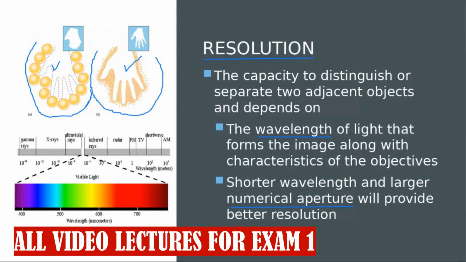If you see this light spectrum, this is 400, which is short, and this is 700, which is the longer wavelength. So the light from here will be better for resolution, like blue light, for example. But using the red light on the other side over here, the longer wavelength, will give lower resolution. So usually a more expensive microscope will be able to transmit more blue light compared to the cheaper microscope.